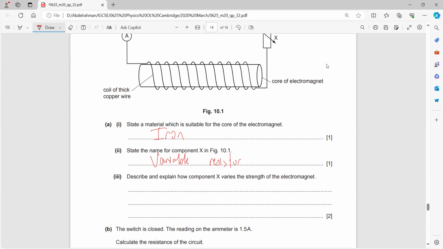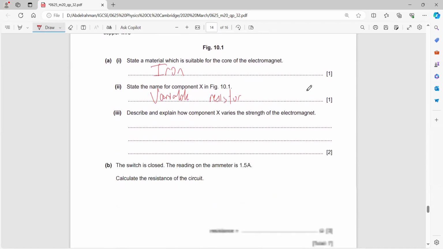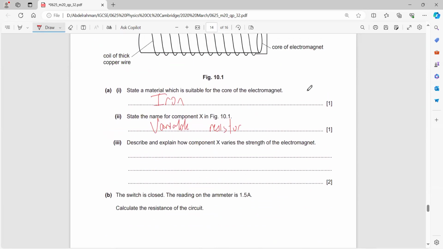Describe and explain how component X varies the strength of the electromagnet. Component X controls the resistance of the circuit, which is inversely proportional to the current, so it allows more or less current to flow through the coil of thick wire.